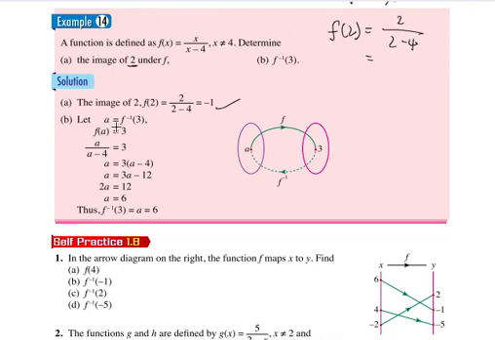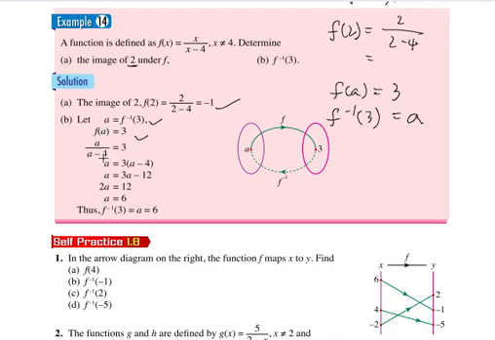Okay, let a equal f inverse 3. Inverse 3 will become a. See, f(a) equals 3. If I inverse 3, it will become a, terbalik. These two are terbalik. Now a equals f inverse 3, so f(a) equals 3. The f function is x over x minus 4, so now x becomes a.